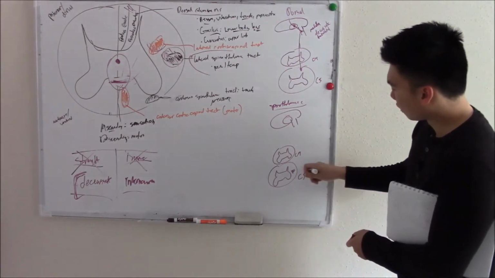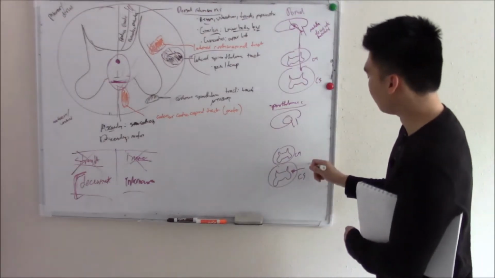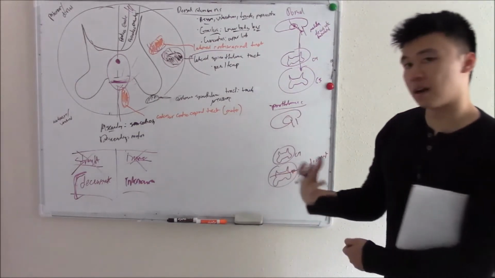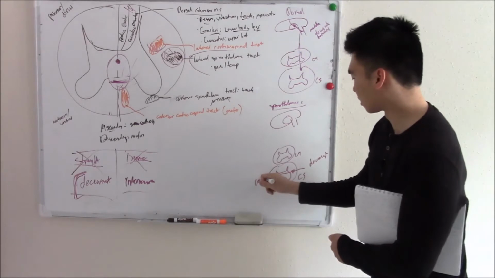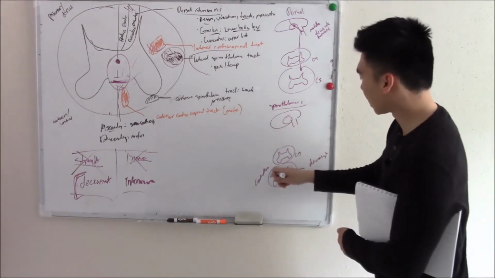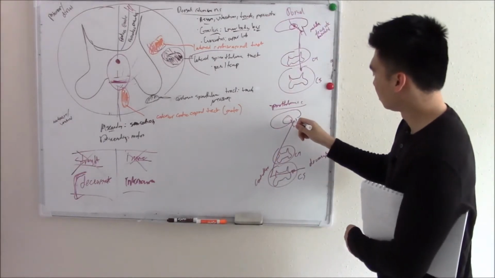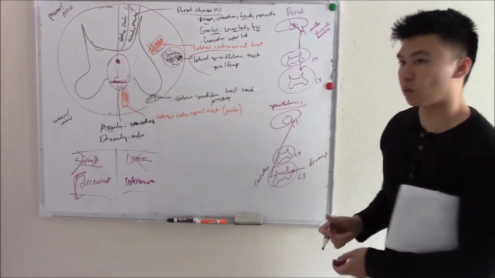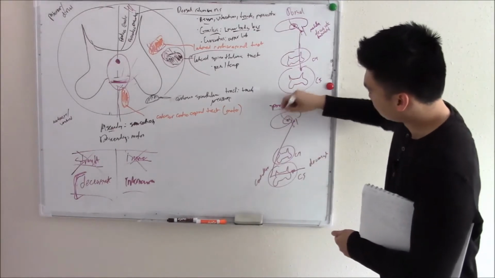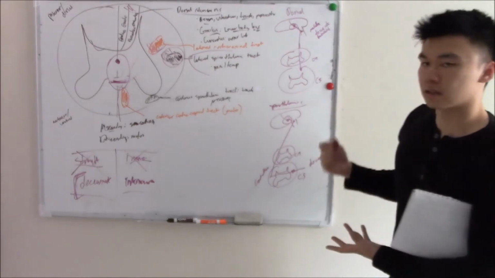So nerve roots will enter your lateral spinothalamic tract and immediately cross over, immediately decussate. Cross over. Now it's on the other side. Now it's on the contralateral side. And now that it's on the opposite side, it will start to rise and ascend up until it hits your main relay center, which is your thalamus. What part of the thalamus? VPL, where it gets processed and sent where it needs to go. Okay, so very distinct differences.